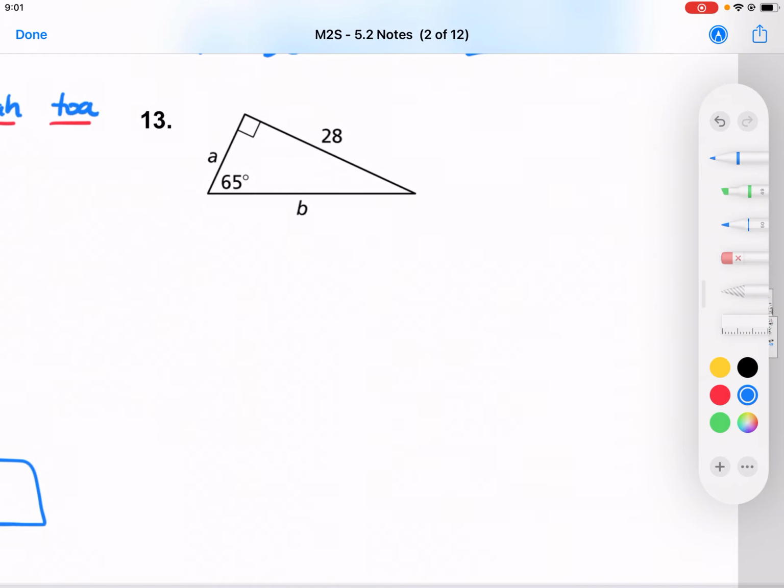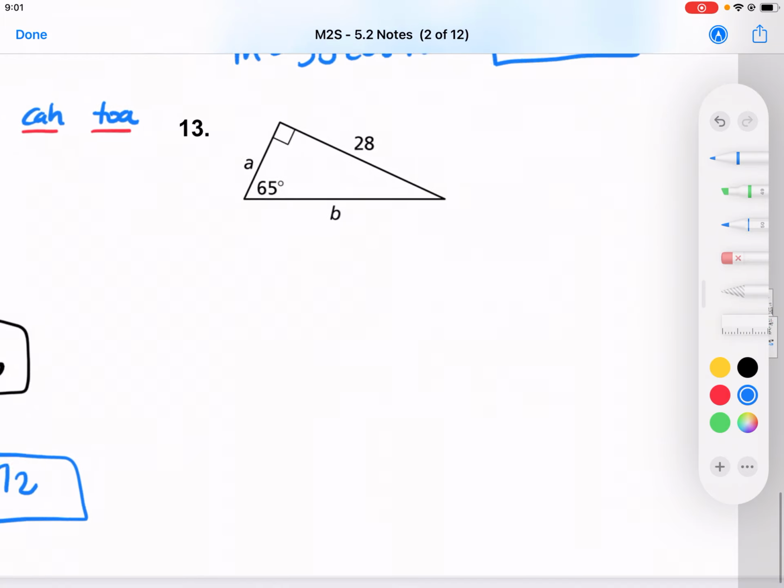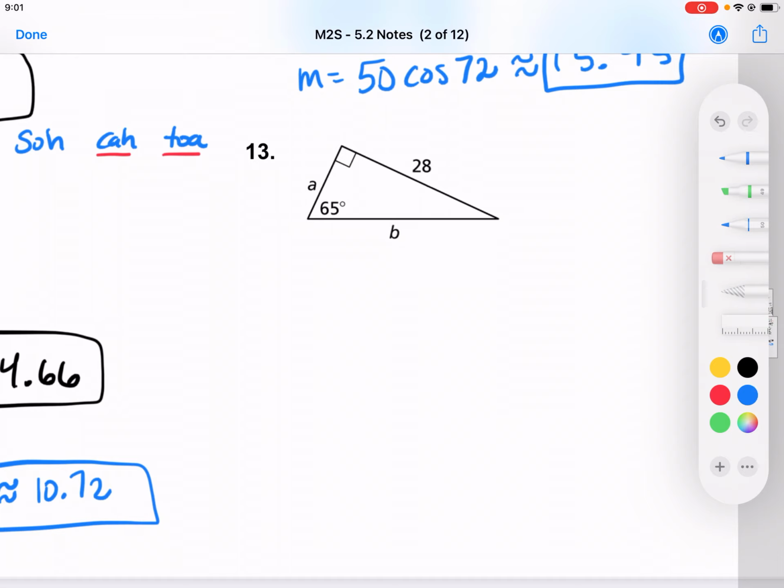And let's do one more. So for this problem, they've given us the opposite side. So I would probably use sine and tangent since the opposite side's already given to us. So I'd do sine of 65 is equal to our opposite, so 28 over our hypotenuse.